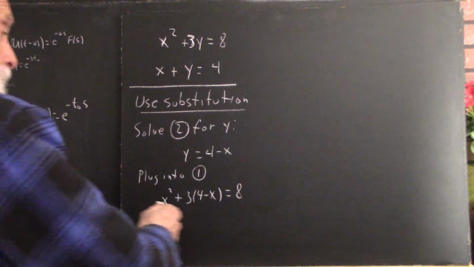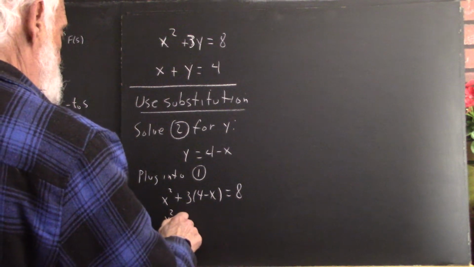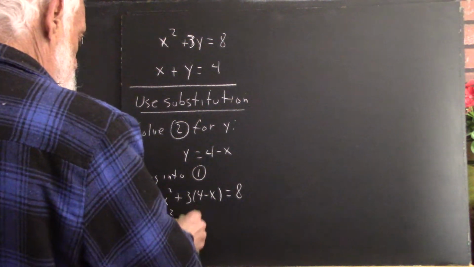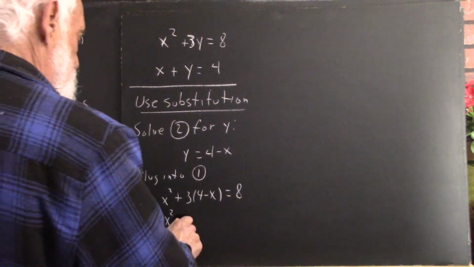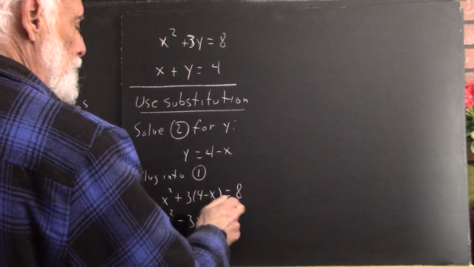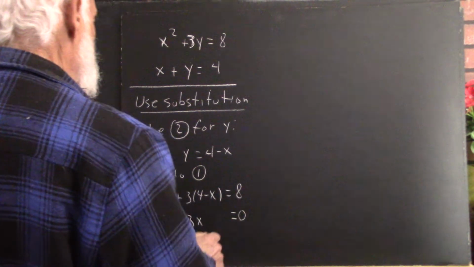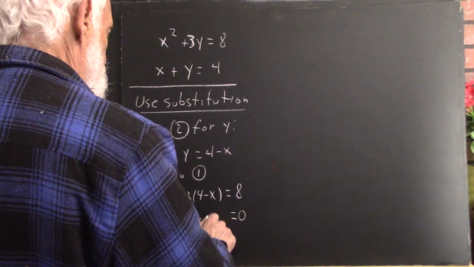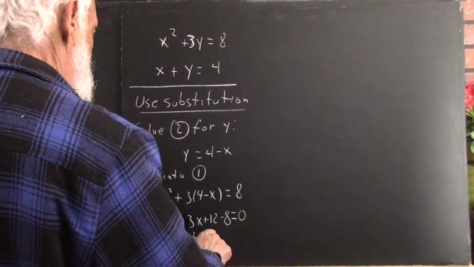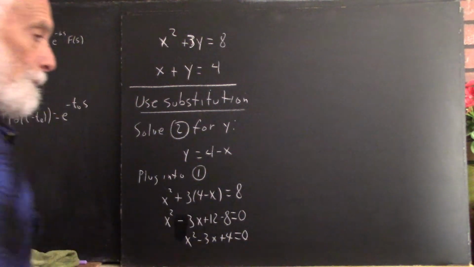We simply multiply through by 3 here, subtract 8 from both sides, we get x squared minus 3x, then we'll have plus 12, and then we'll also have minus 8 when we bring this 8 over. We want to get this all equal to 0. So we have x squared minus 3x plus 4 equals 0.